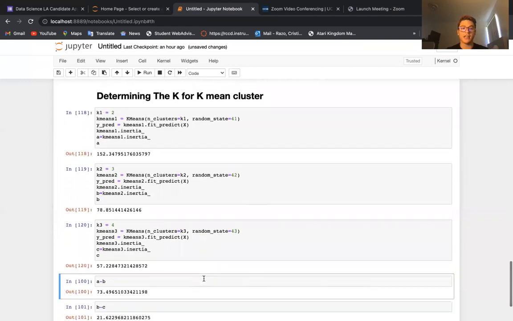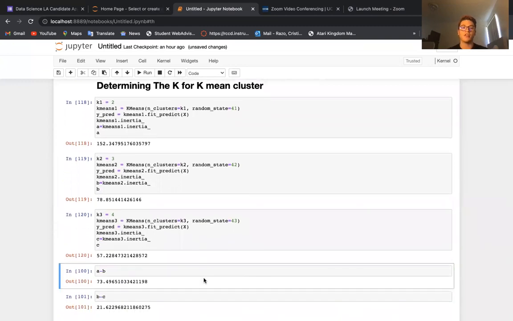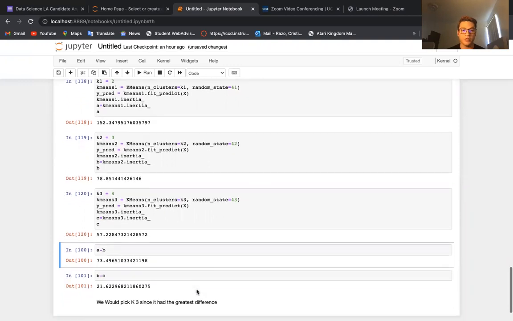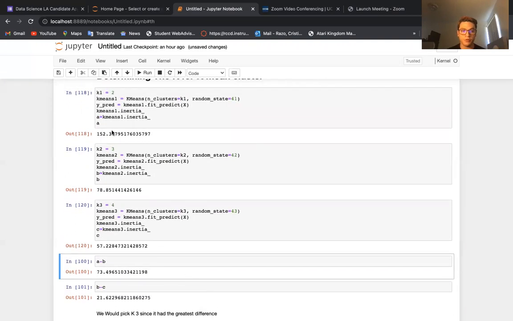So we can see that inertia is going down, and inertia measures how well the model is performing, how tightly the data fits its clusters. We essentially want to choose the k which makes the most difference, such as from A minus B, meaning k1 to k2, from 2 to 3.